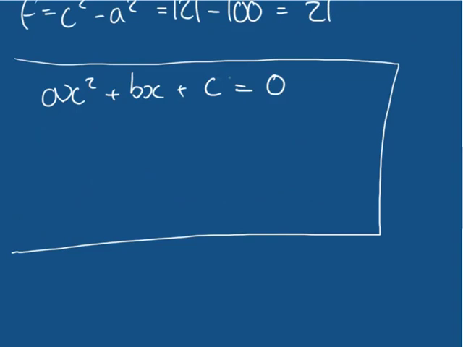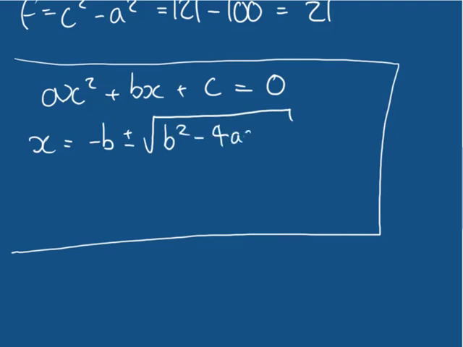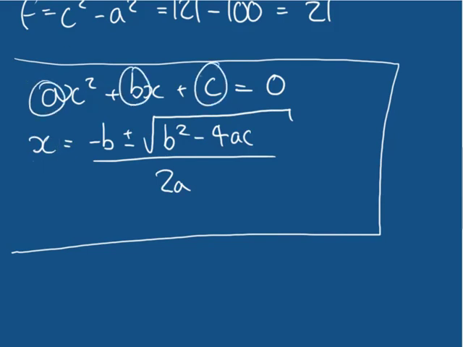We saw how we can rearrange this equation to get the quadratic formula, and it's solved giving us that x is equal to minus b plus or minus the square root of b squared minus 4ac all over 2a.